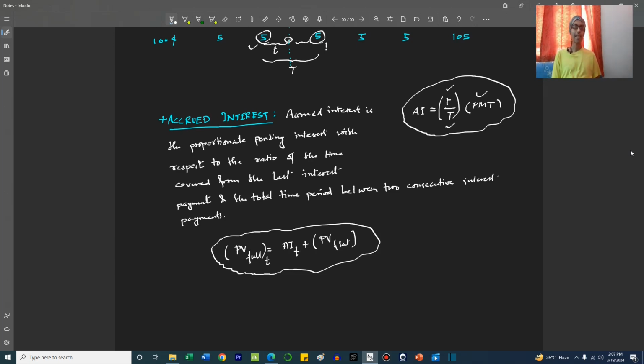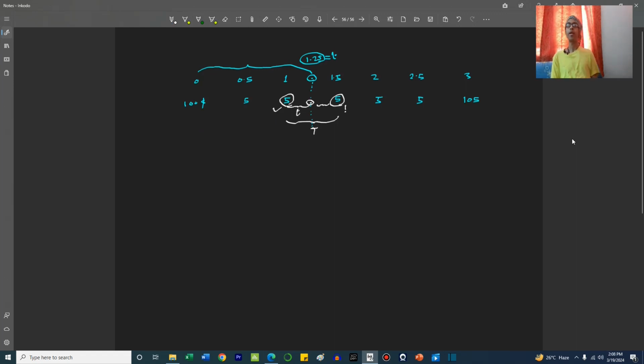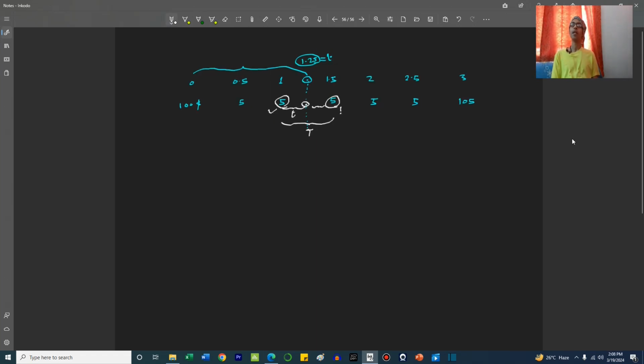This is basically the relationship which holds when we are trying to find an interim period valuation of a bond. Now let us deduce the PV full at time t. We had already gone through this timeline. We are trying to value our bond at time t, which is 3 months from the payment of interest at t is equal to 1, right?